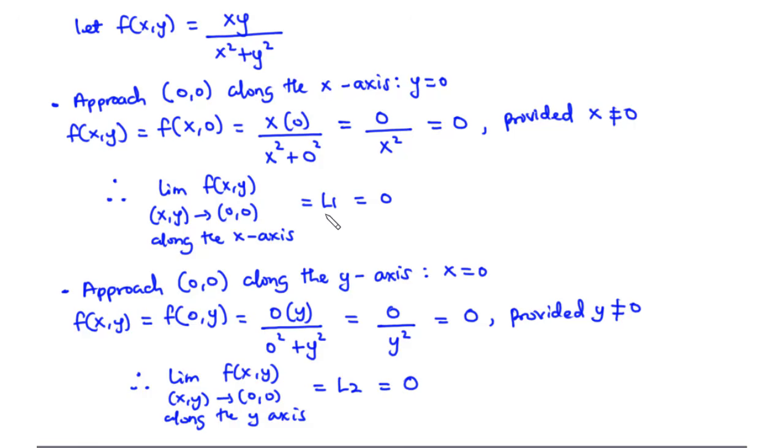Now here we have L1 to be 0, L2 also to be 0, but this does not necessarily mean that the limits of the function exist and is equal to 0. We need to also check for another direction. So we are going to consider the direction y is equal to x. So we are going to approach 0, 0 along the line y is equal to x.